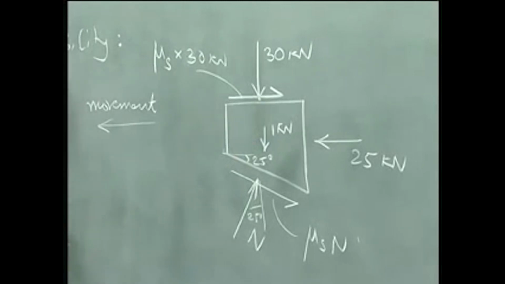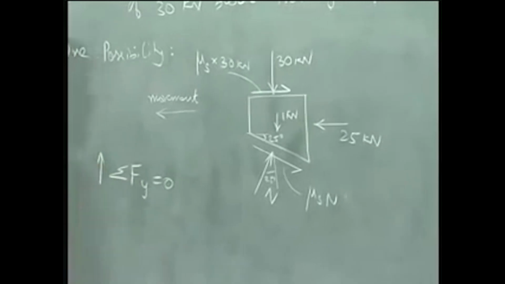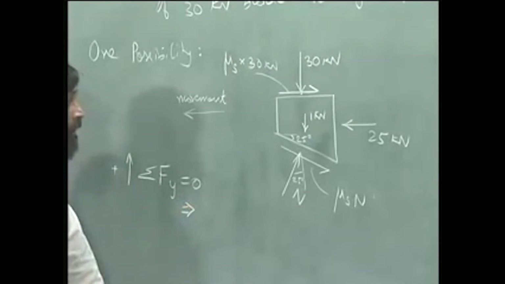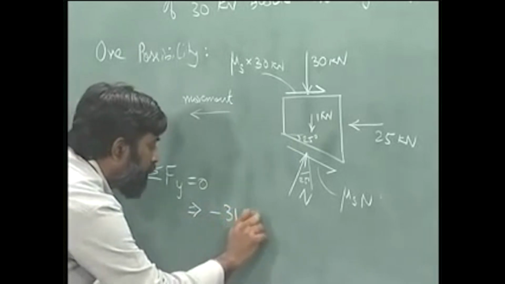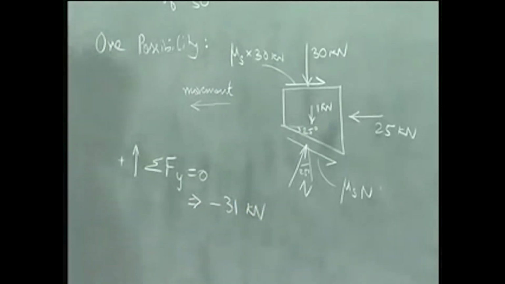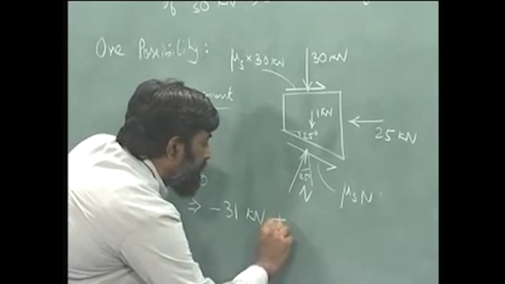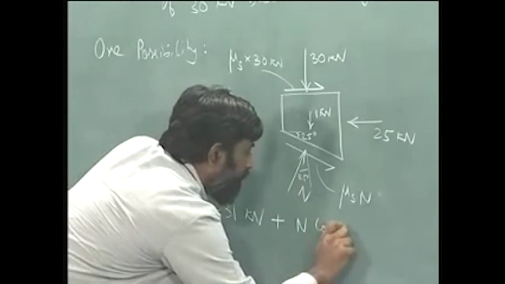So, again I will write, I can take the upward direction to be positive. This implies that I have 30 plus 1, that is 31 kilonewton downward, plus n times cos 25.